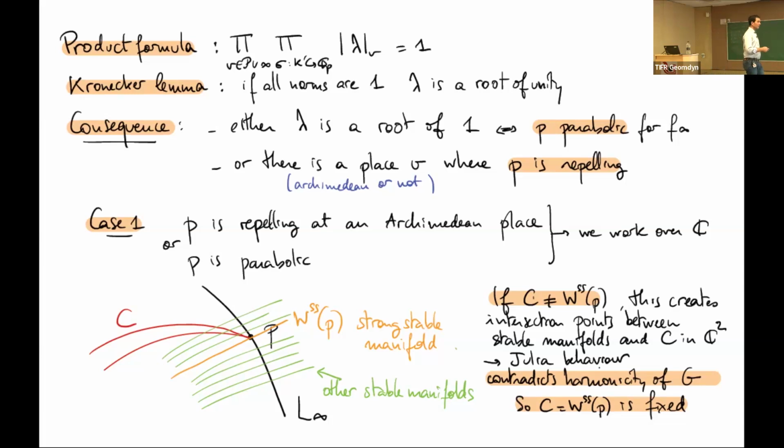Now, in the parabolic case, the proof is basically the same, except that we don't have such a nice picture here. We don't have laminations. I think everything is uniformly hyperbolic.